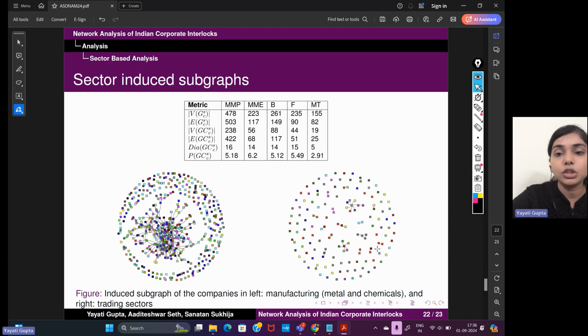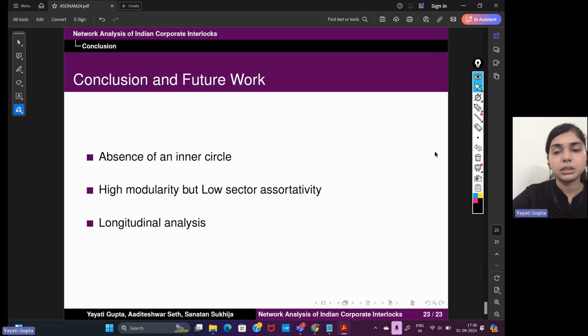There is no giant component; it's mostly a disconnected graph. That calls for further work, but what we have shown is that if you look at particular sectors, the corporate landscape in different sectors can be very diverse based on what kind of policies are used there. That is the analysis that we have done so far.